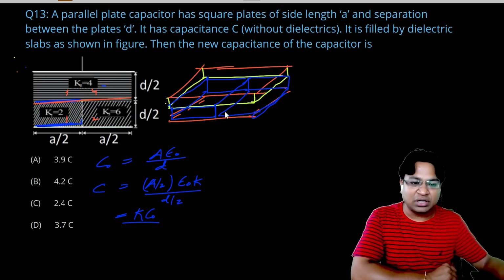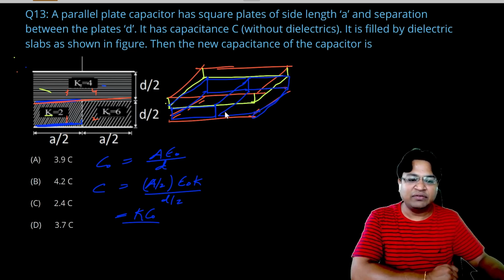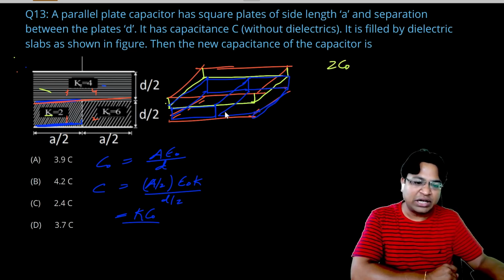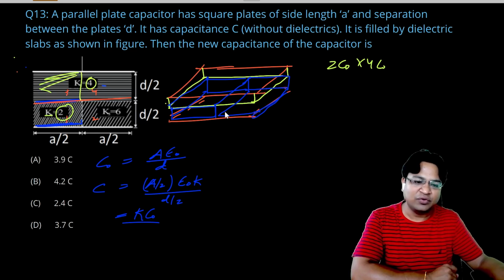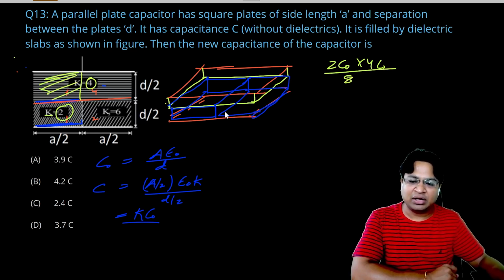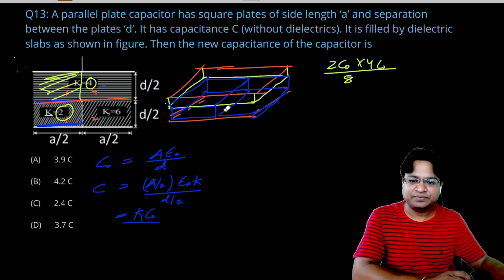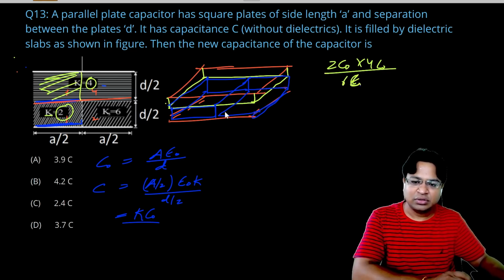Now, if this and this are connected in series, then we will write 2 C naught into 4 C naught, because the dielectric constant here is 4, divided by 6 C naught.